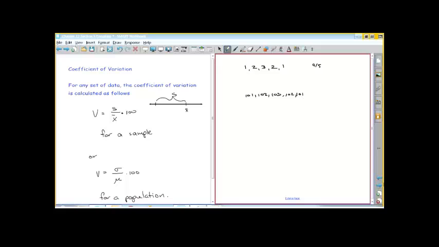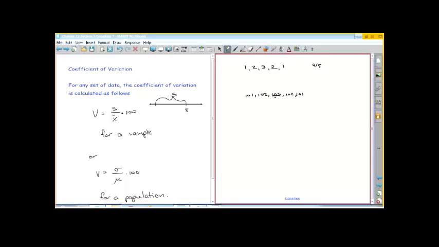But if you're comparing standard deviations between two types of data, which is not recommended anyway, but if you did, then you want to look at the size of the standard deviation relative to the actual magnitude of the quantity. So that's what the coefficient of variation is. You just take the standard deviation and you divide by the mean.